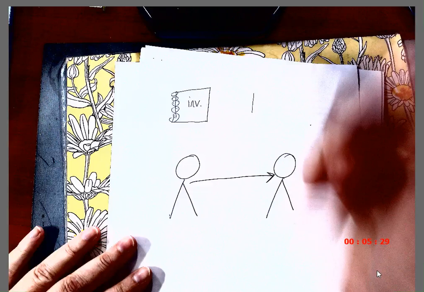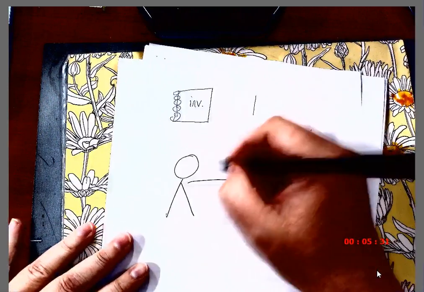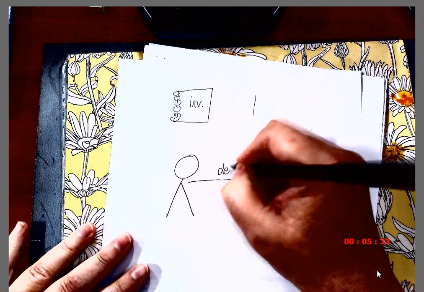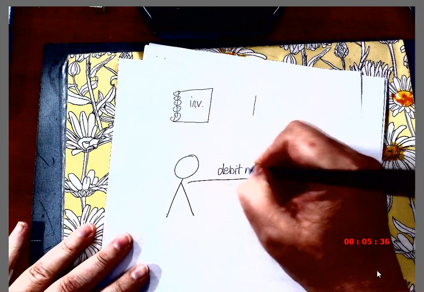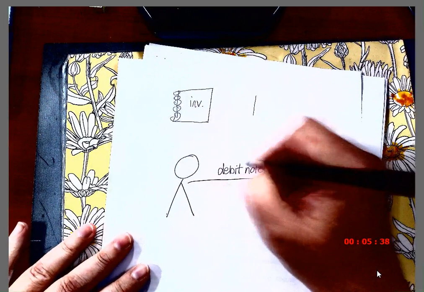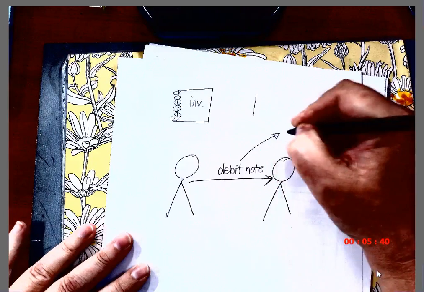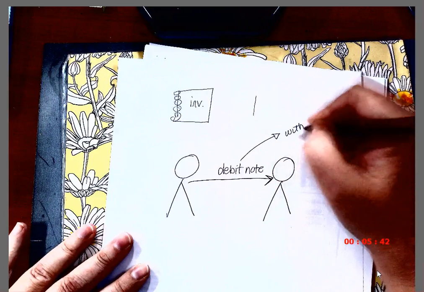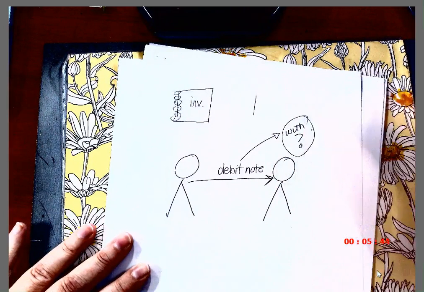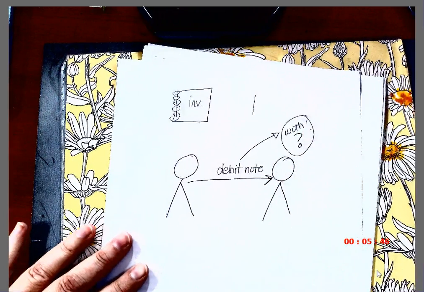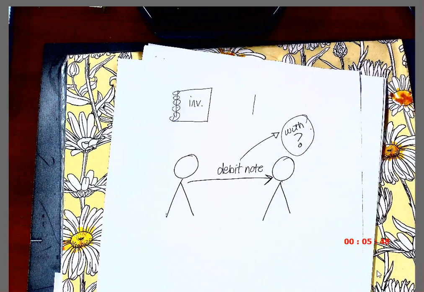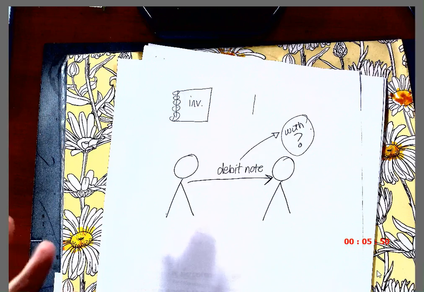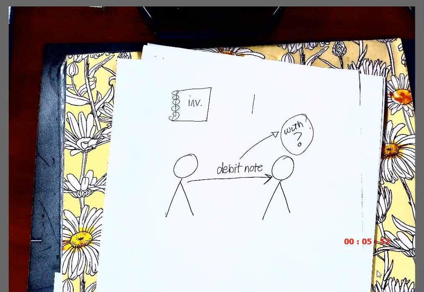So if he returns goods, he's going to send him a debit note. So what's important to remember, the debit note always goes with the request for an allowance. So if I'm returning the jean that I bought from Edgar's, it will go with a debit note.